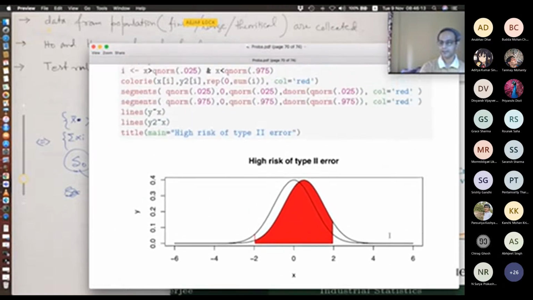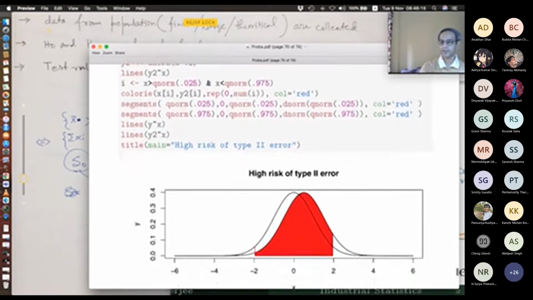Similarly, here you can see the type 2 error. This black, left side curve is the true curve, and the right side curve is the alternative curve. But you can see that the alternative density is very close to the true density. So in that situation, the probability of occurrence of a type 2 error is more.